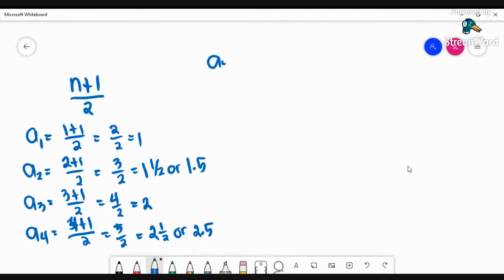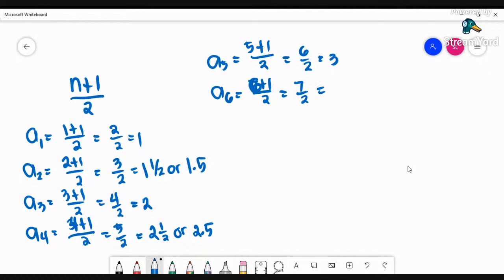For the a sub 5, or the fifth term, it can be 5 plus 1 over 2, which is 6 over 2. And that is 3. And for a sub 6, that is 6 plus 1 over 2, which is 7 over 2, or 3 and 1 half. Or it can be 3.5.